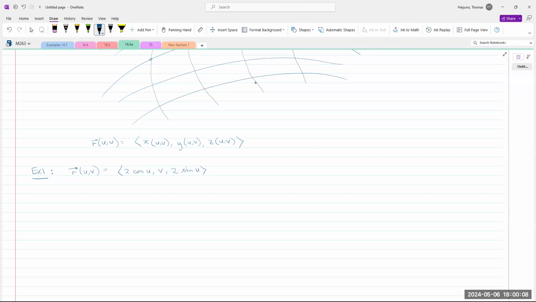Okay, notice that description. You take a look at the x component is 2 cosine u, and the z component, which is 2 sine u. If we put them together, x squared plus z squared equals 4. Okay, so on the xz plane, it is actually a circle with radius 2.